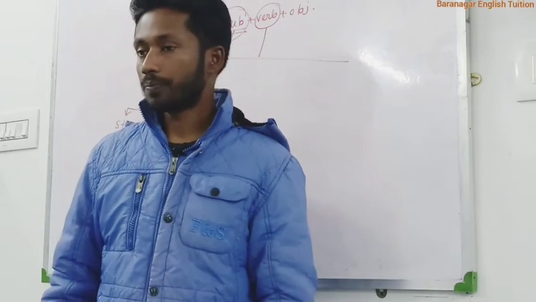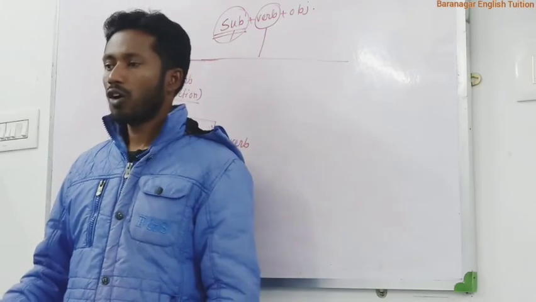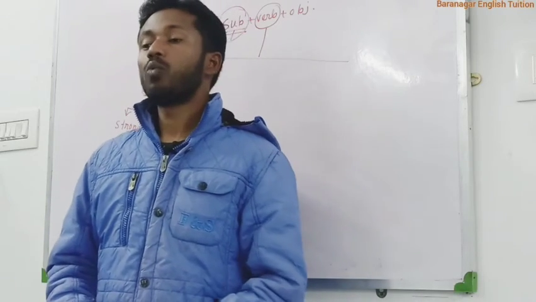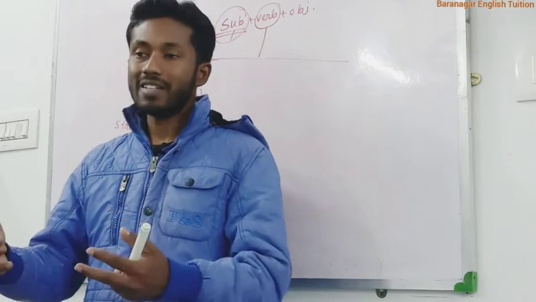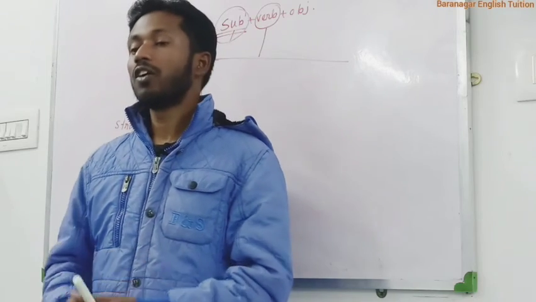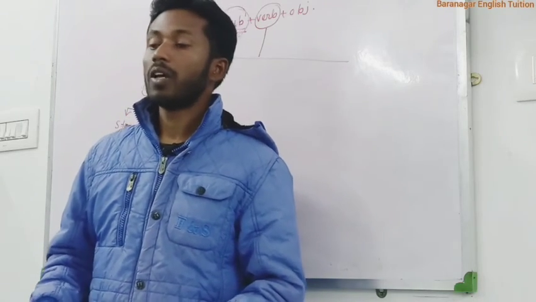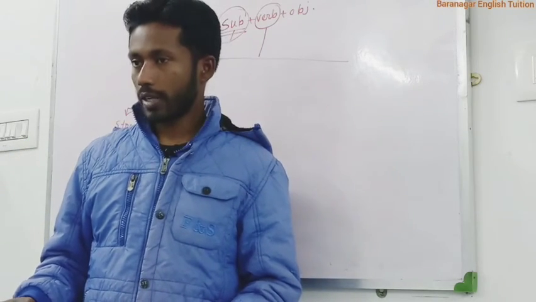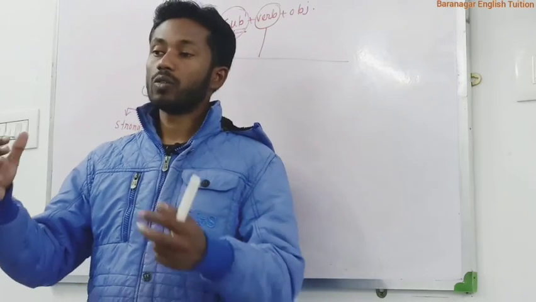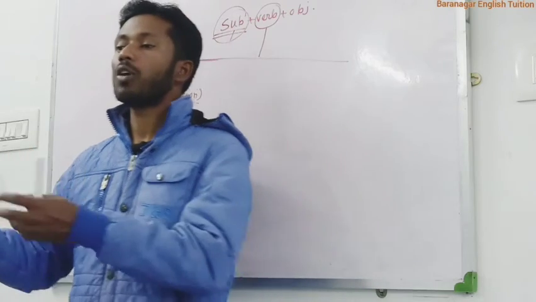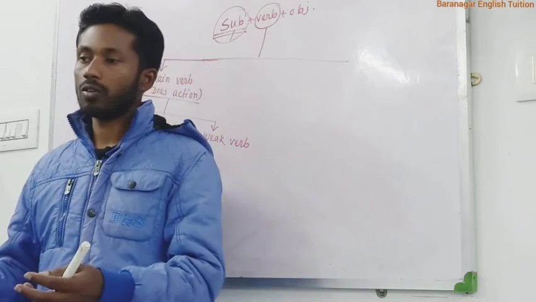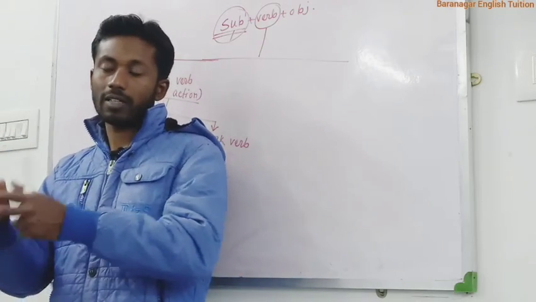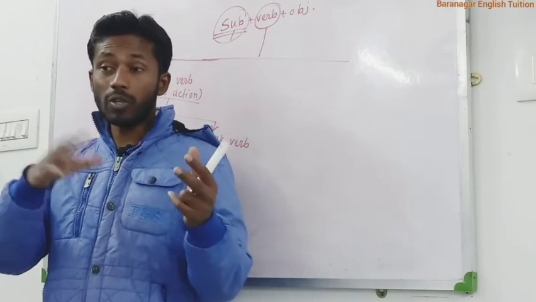And a weak verb requires other things, like suppose I'm saying write a letter within 15 minutes. If I say write, what to write, how to write, when to write? So there are questions that come with weak verbs.